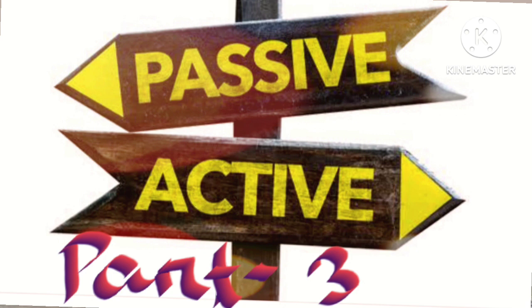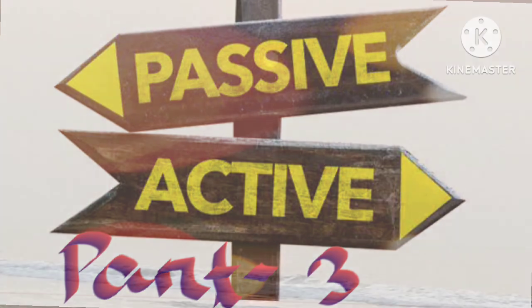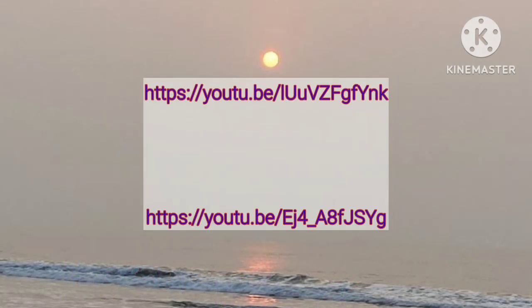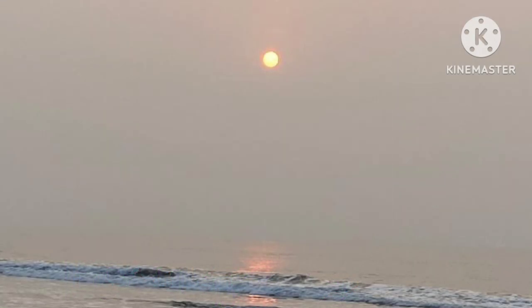And today is part 3 of this chapter. Today we will be studying some other conditions for transforming active voice into passive voice. If you have not seen my previous videos, please go through them. Links are given below in the description box.